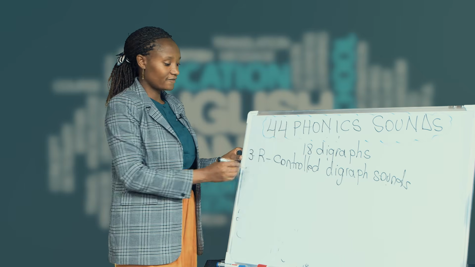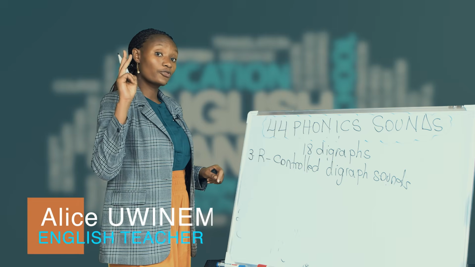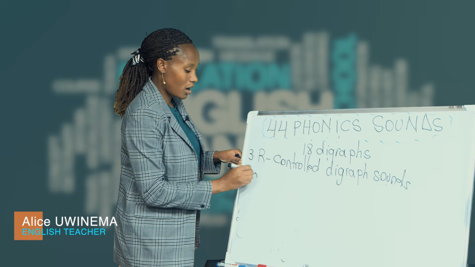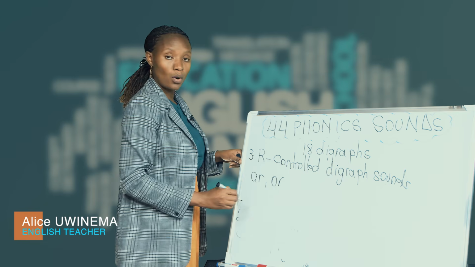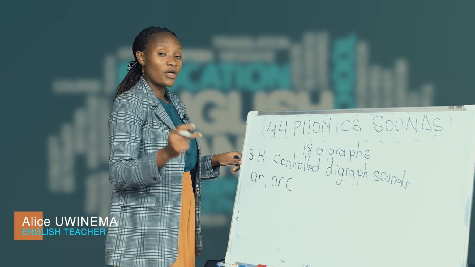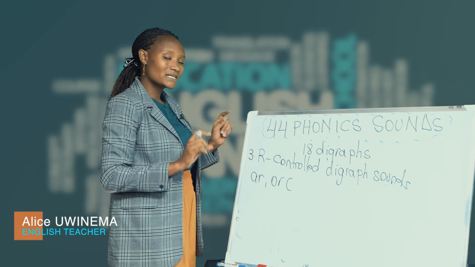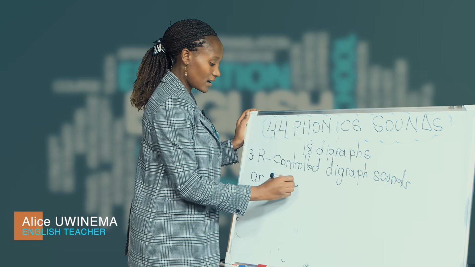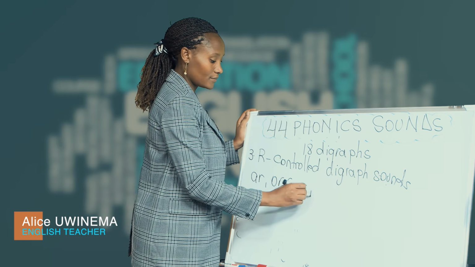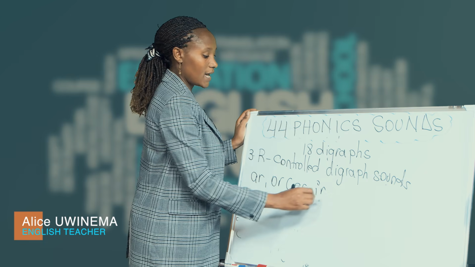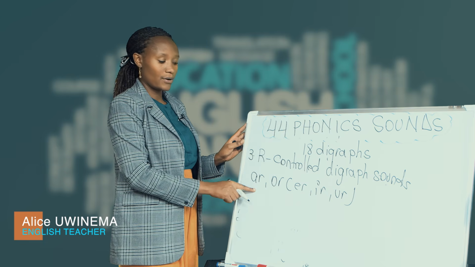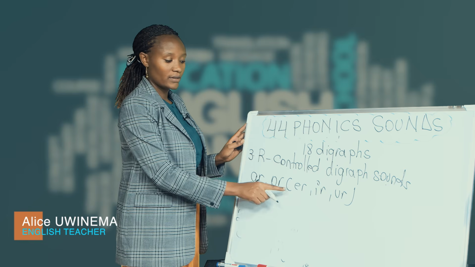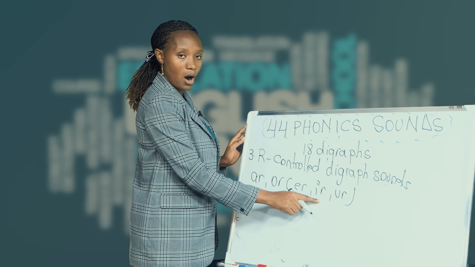Here we have 3 digraphs that are pronounced the same way: ar, or, and er.